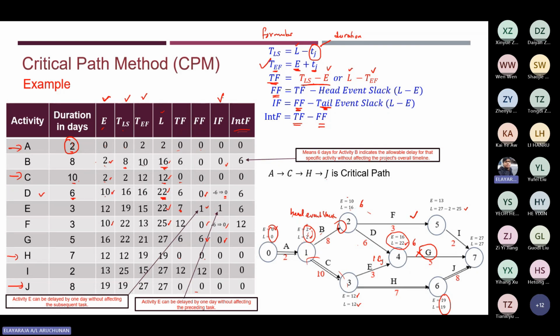Basically, this is all you need to know about how to calculate the 4 types of floats in the critical path method, in order to identify the project relaxation: where the project can be delayed, and which sections you should not delay. So this roughly is the idea that will help us predict the overall project completion.